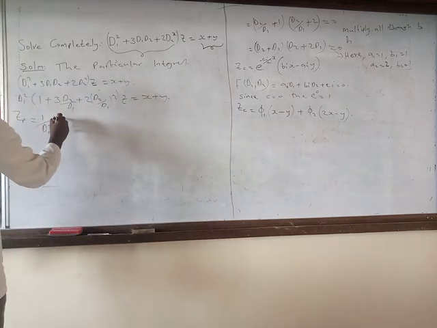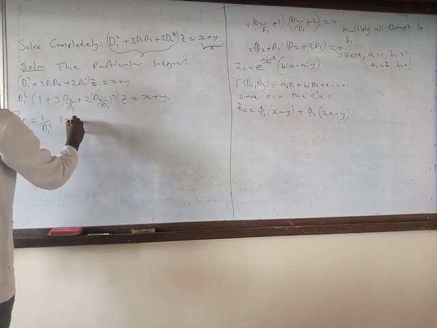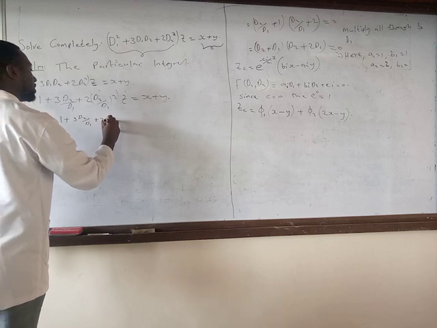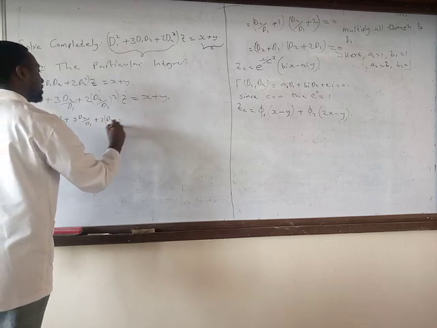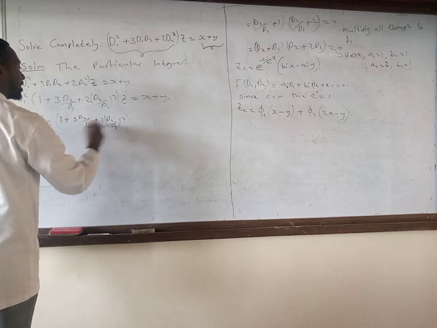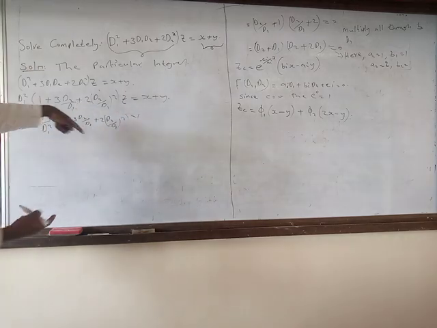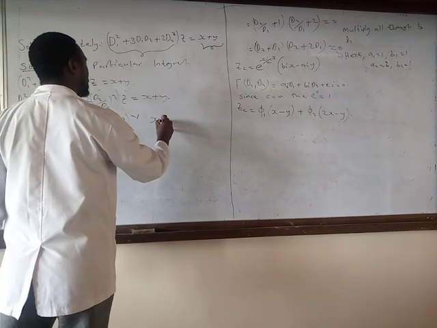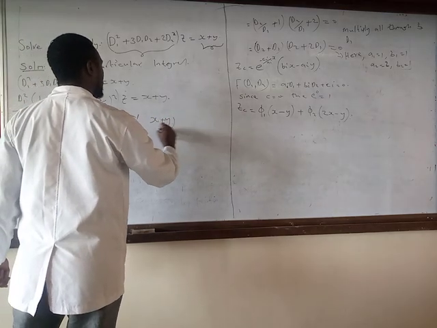So we have 1 plus 3 D2 over D1 plus 2 D2 over D1 squared power negative 1, because we've divided both sides. Then we multiply by x plus y.